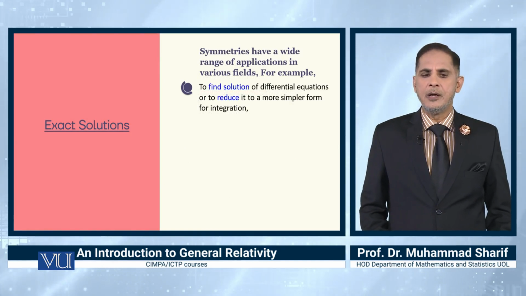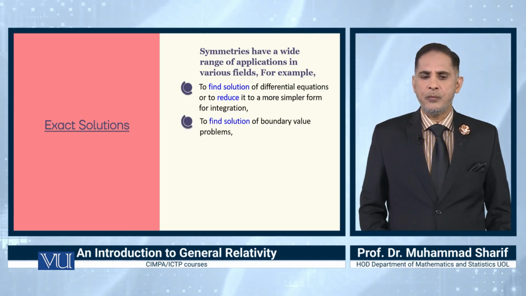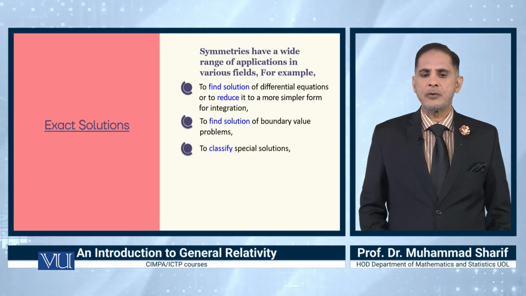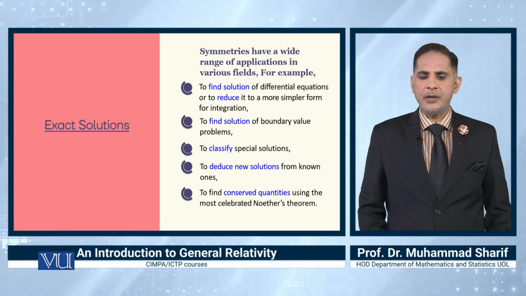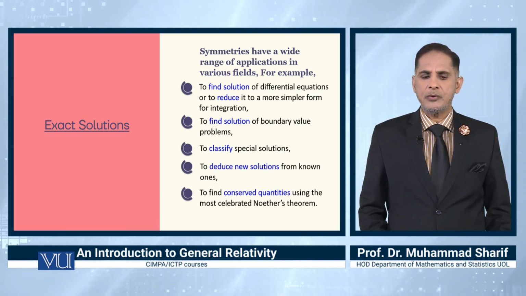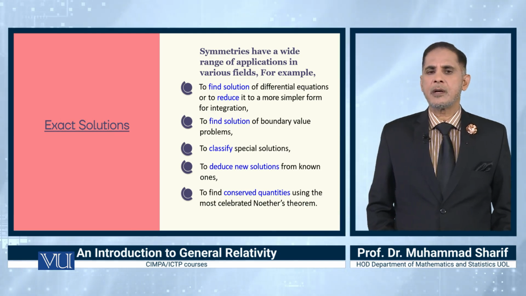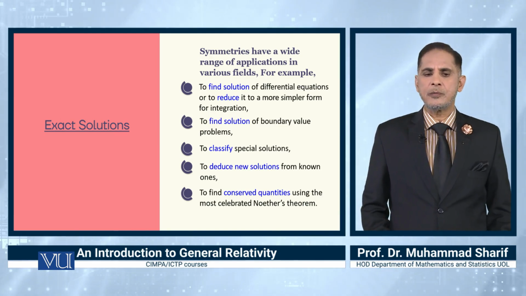For example, to find solutions of differential equations or to reduce them to a simpler form for integration, to find solutions of boundary value problems, to classify special solutions, to deduce new solutions from known ones, to find conserved quantities using the most celebrated Noether theorem. So, this is most important, that you can find some conserved quantities through this process.